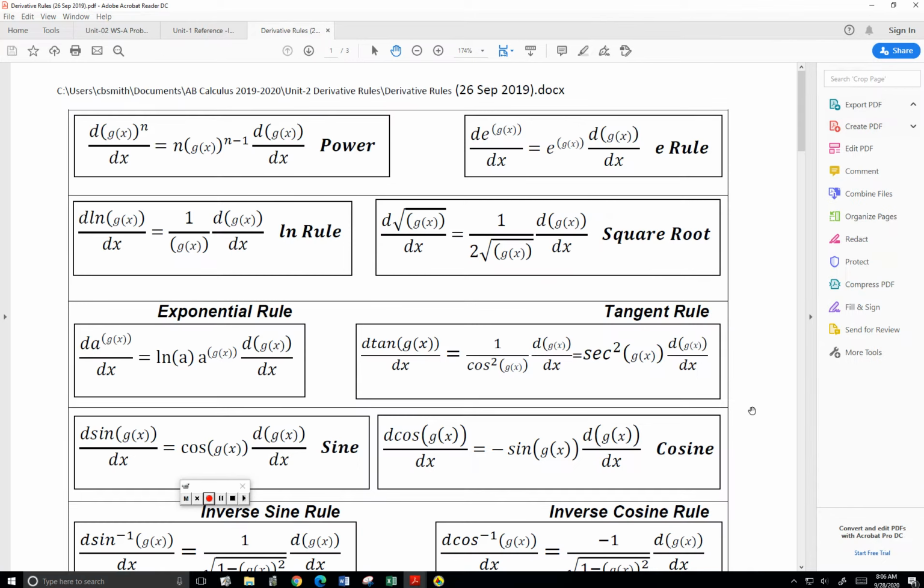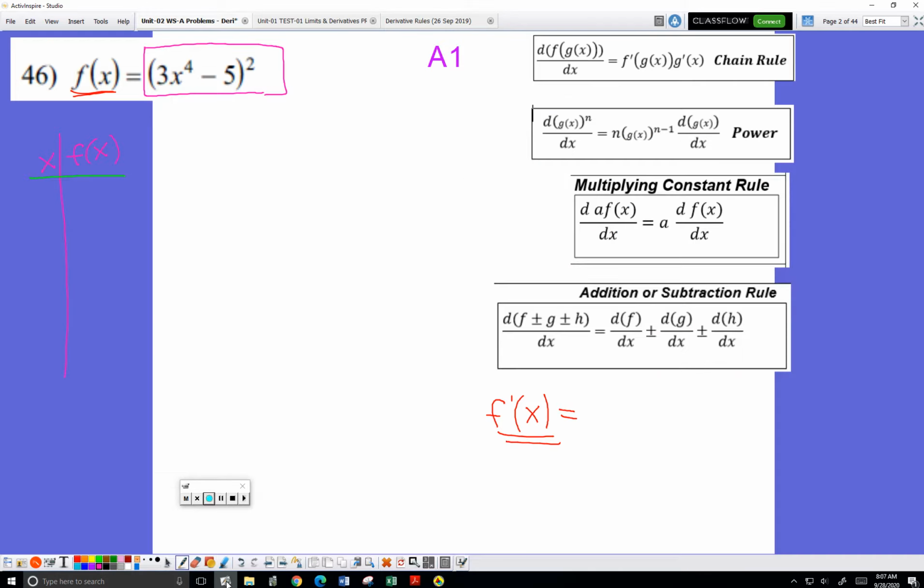And what I noticed right away is the problem that I'm working with fits the following pattern. Look right here. You have some function, I'm calling that function g of x, but it could be anything. Some function being raised to a number. That matches what I see here.